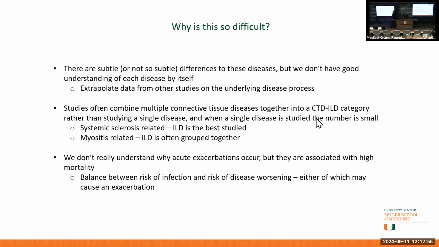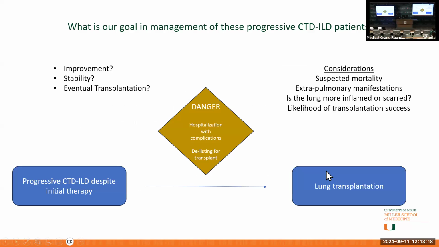And then we don't really understand why acute exacerbations occur, but the mortality rate in some studies is as high as 100% when somebody exacerbates and gets admitted. So this is something we want to prevent, and we think that it's a combination of both the active autoimmune disease triggering this, and in some people, infections. But because we don't know that pathogenesis too well, it becomes very challenging and difficult.